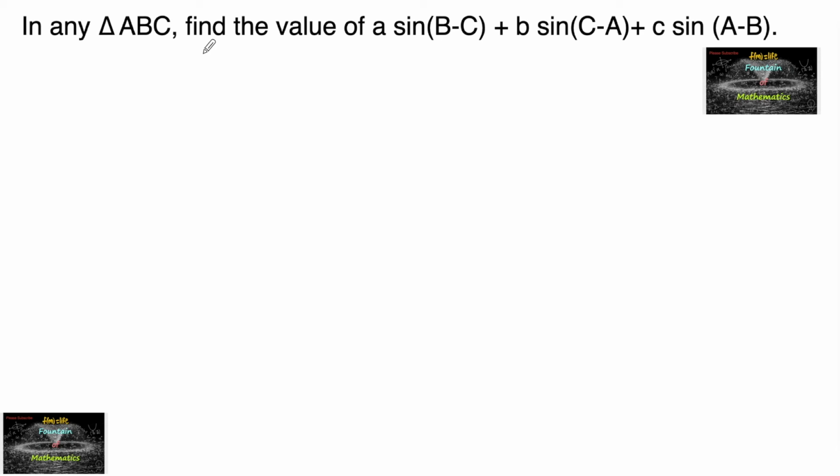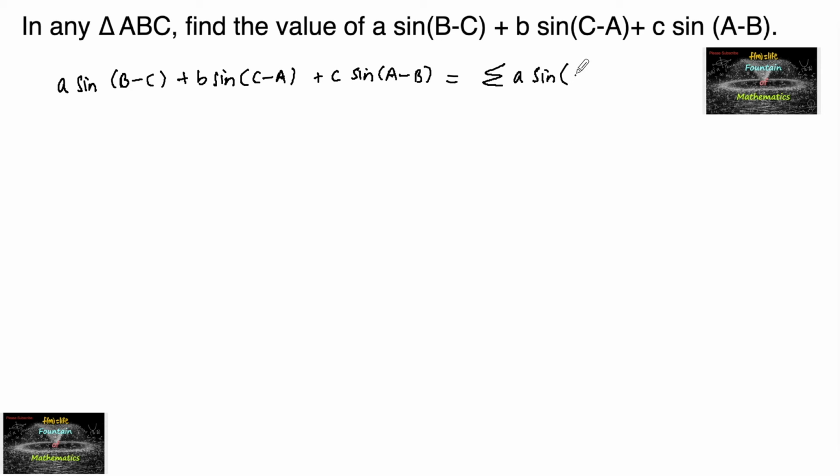In any triangle ABC, find the value of a times sin of B minus C plus b times sin of C minus A plus c times sin of A minus B, or this can also be written in short as summation a sin of B minus C. Since we know from the sine rule, a upon sin A is equal to k, which implies sin A is equal to a upon k.